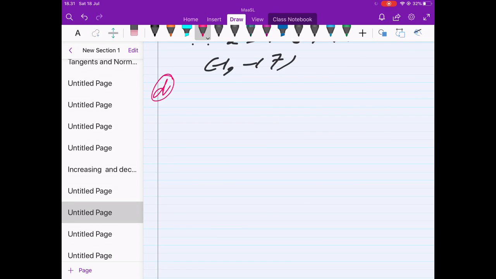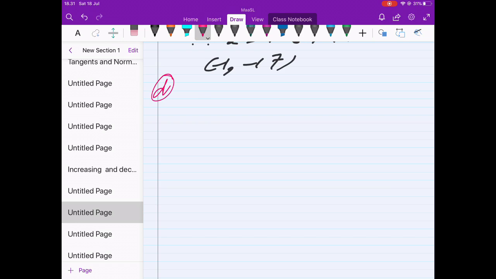Describe the behavior of the function as x approaches infinity and as x approaches negative infinity. If it is a paper 2 question, we can simply draw the curve and sketch the function. So we can try sketching the graph.